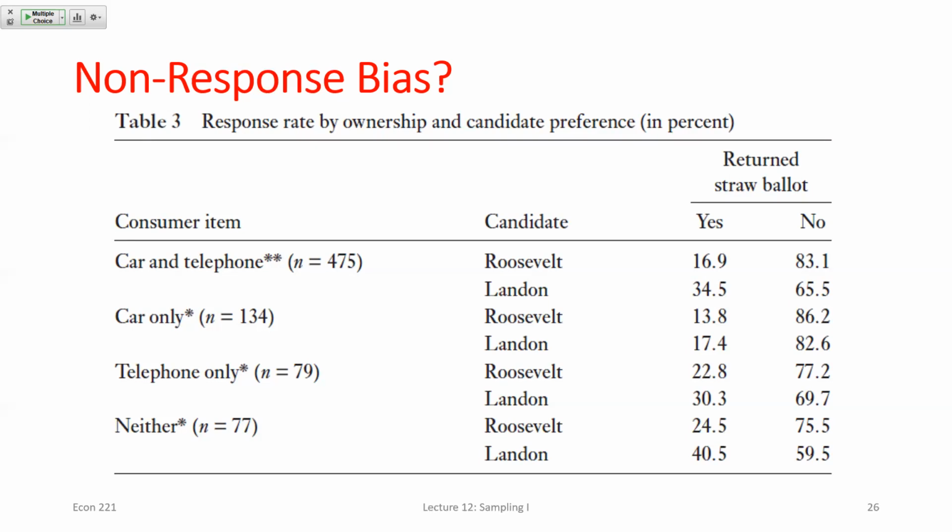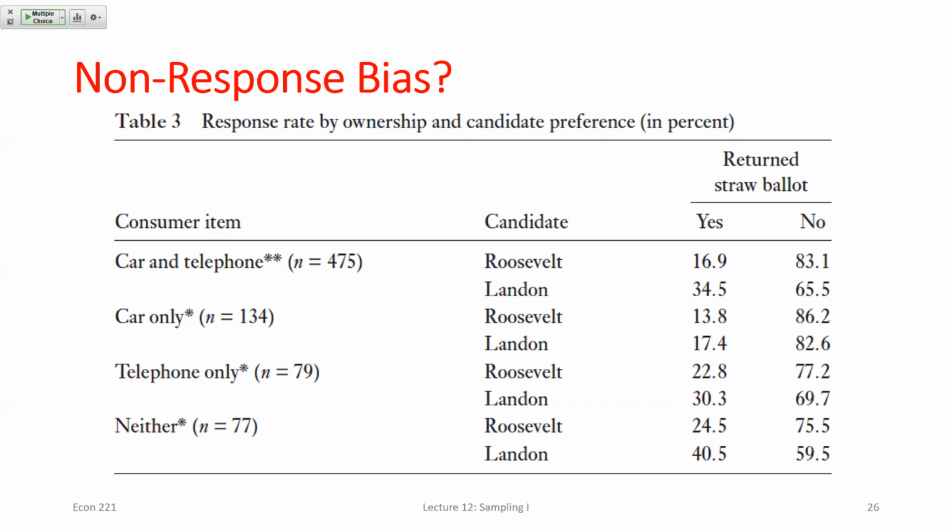So for whatever reason, there's a huge discrepancy in the response rate between people who voted for Landon and people who ended up voting for Roosevelt. That builds in this non-response bias. If I'm setting up these surveys, I'm always going to get almost twice as many back from the Republican candidate as I am from the Democratic candidate. Now, why that's the case, we'll go into that in just a second.